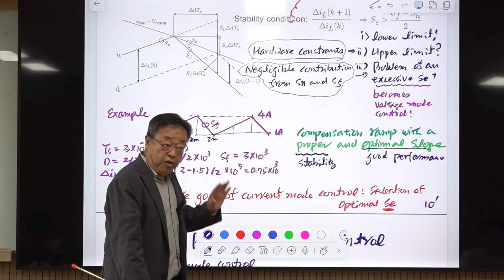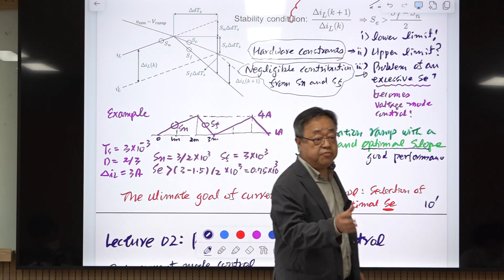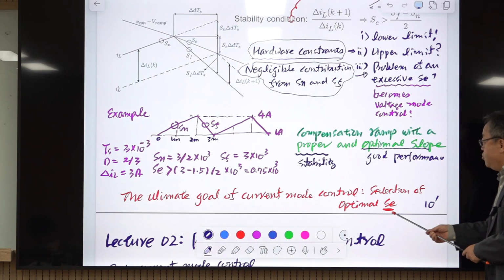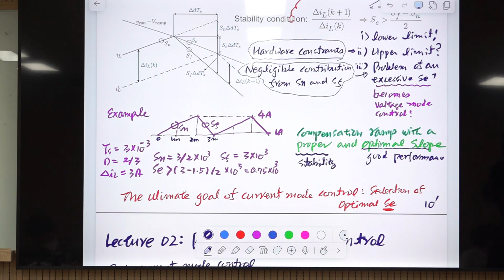To be frank with you, if you have some machine and the machine generates different slopes of this, then you adjust the machine to select the SE that provides the optimal closed-loop performance, time domain performance or frequency domain performance. That is the optimal design.